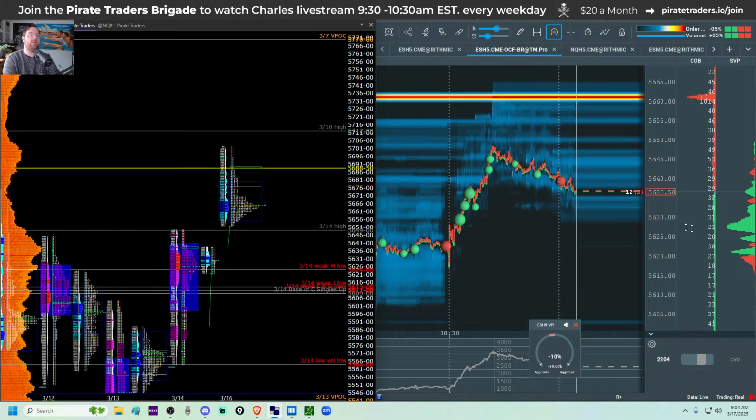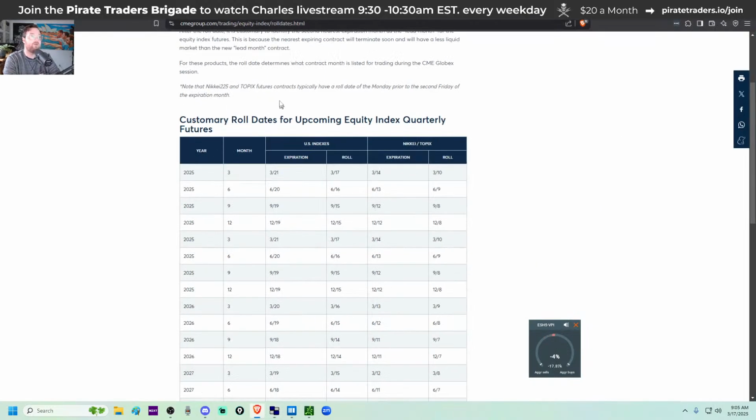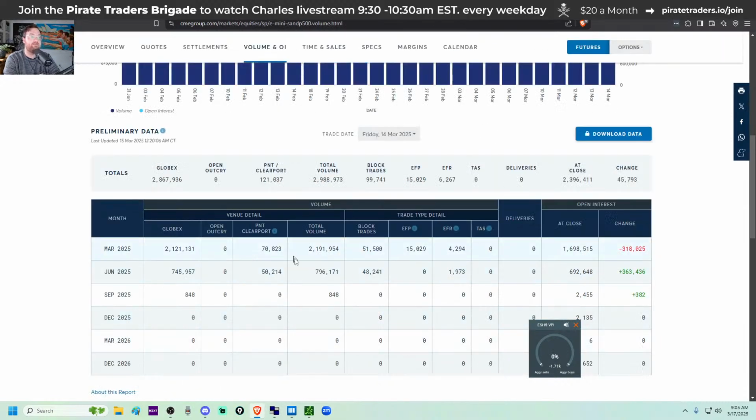Now, you may see me switch back and forth between the M contract and the H contract a couple of times on Bookmap, because the liquidity isn't fully rolled over. If we look at CME's website, we can see that there is more liquidity now in the older contract than the newer one.